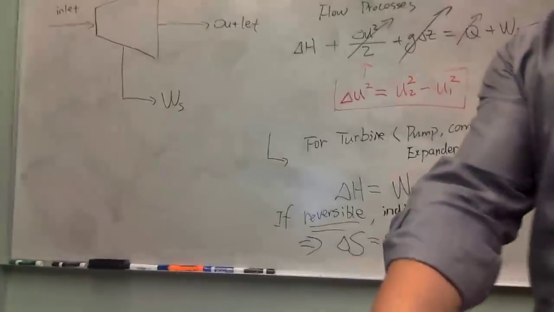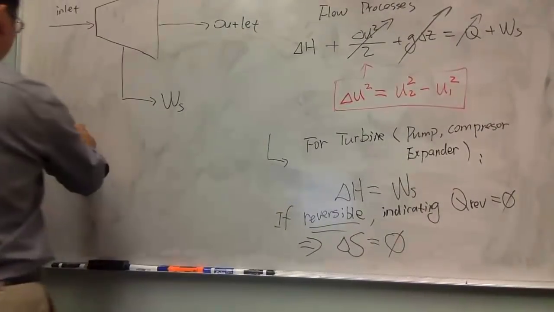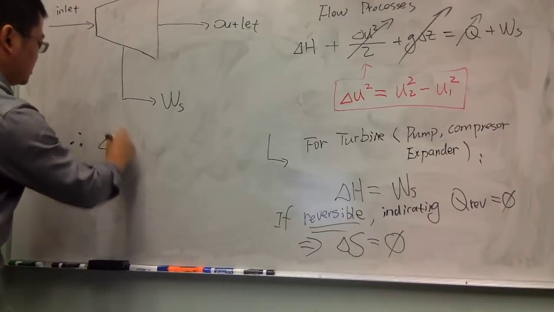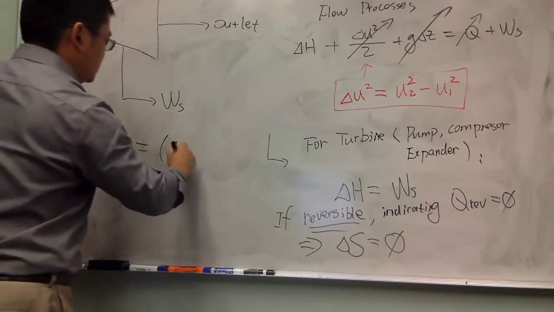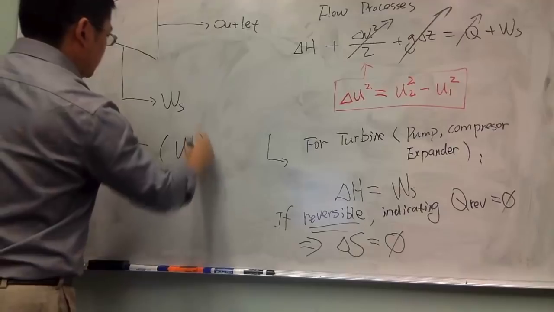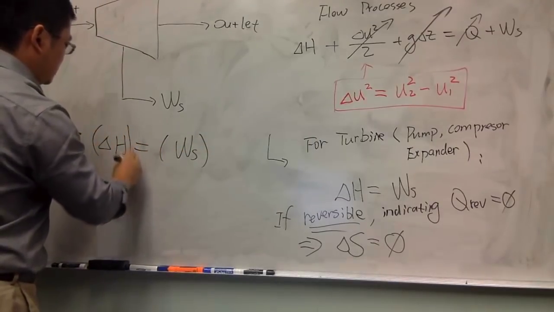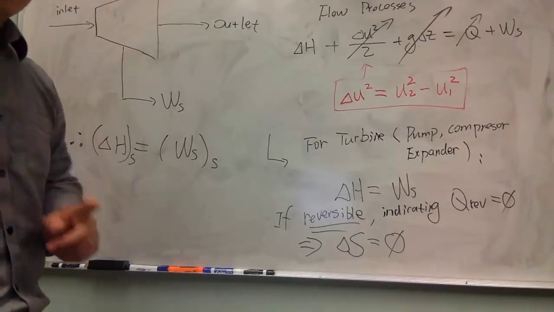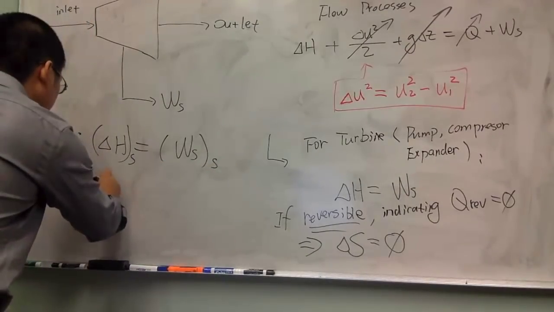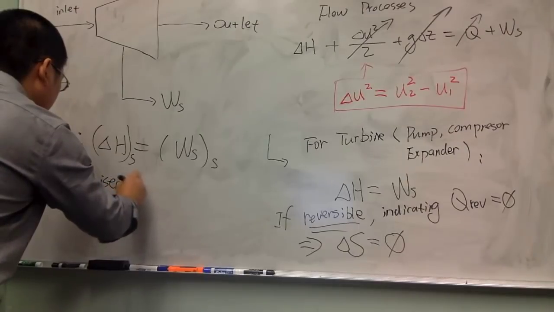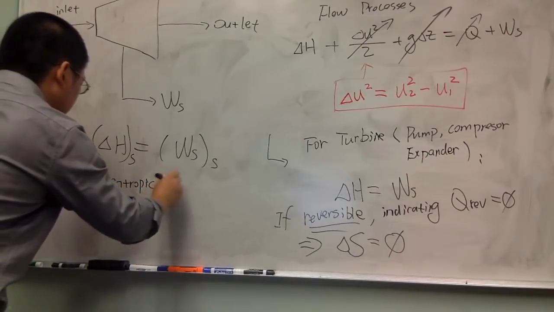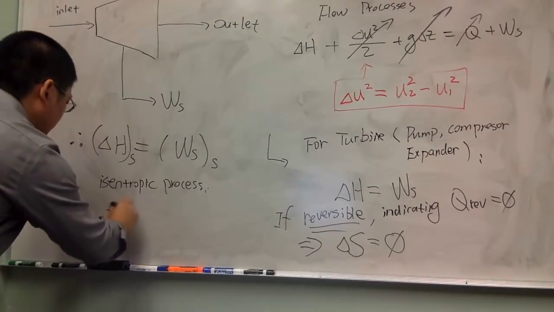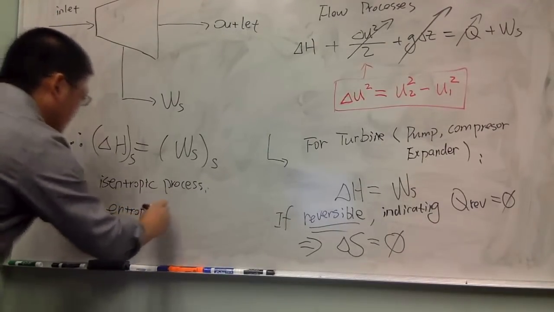Therefore we are going to have delta H with the subscript S over here, the so-called isentropic process, meaning entropy does not change.